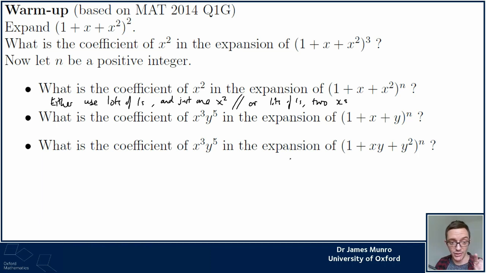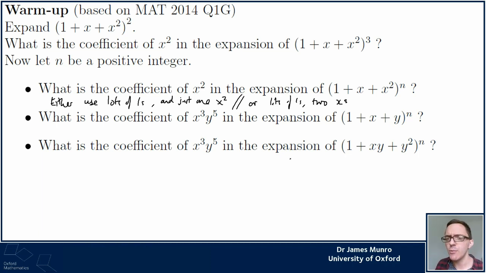So as I multiply out these brackets, I look through all of them and I'll get an x squared whenever I choose 1 from most of the brackets, but x squared from just one of them. And I'll also get an x squared if I choose x from the middle term in the bracket from exactly 2 of the brackets as I multiply out these n brackets. Okay, and I think a little bit in terms of binomial coefficients now, in terms of choosing terms.